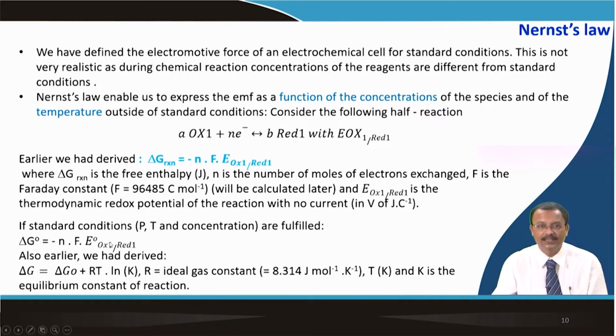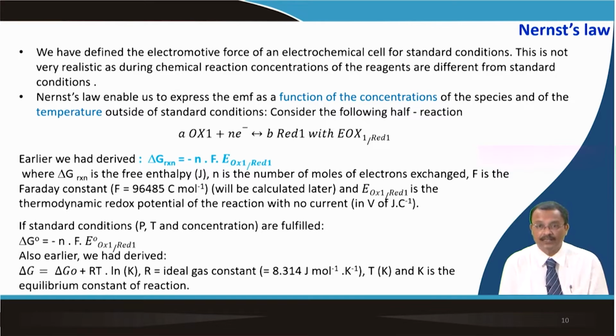If standard conditions of P, T and concentration as defined earlier are fulfilled, then we can write the standard free energy as minus n F E 0, and earlier we also derived that del G is del G 0, superscript, plus RT ln K. R is the ideal gas constant, with the known value 8.314 joule per mole per Kelvin.